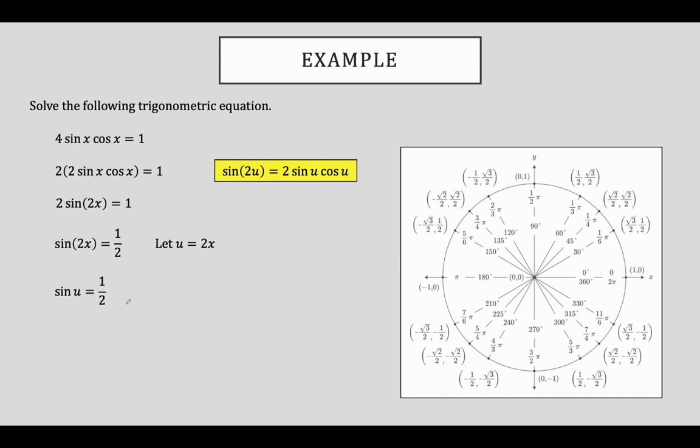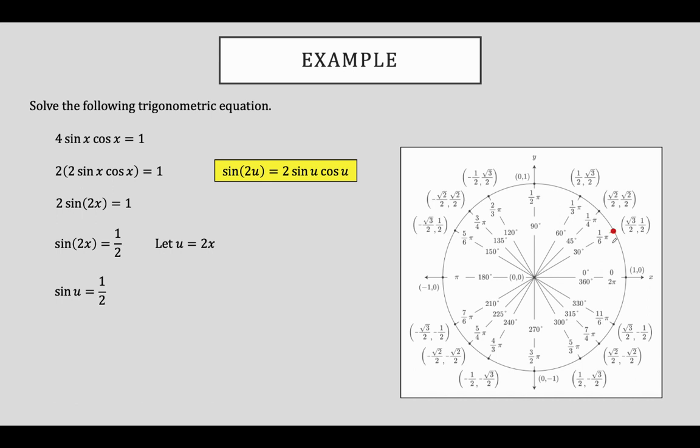Now, this one just says solve the trig equation. We're not looking for the solutions on the interval 0 to 2 pi, but we need to account for every single angle that has a sine value of 1/2. Well, we can do so by starting with our unit circle angles. Sine corresponds to the y-coordinate, so we want a y-coordinate of 1/2.